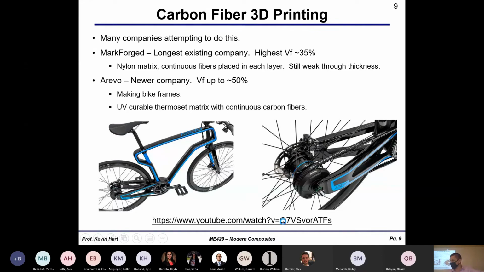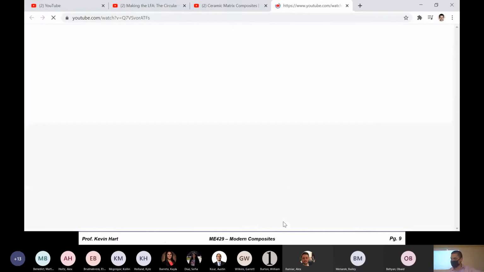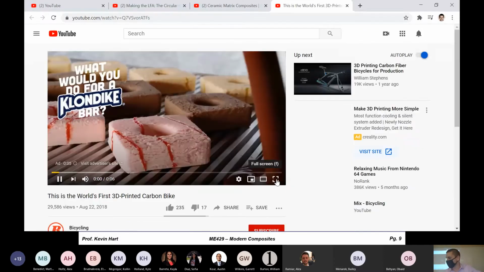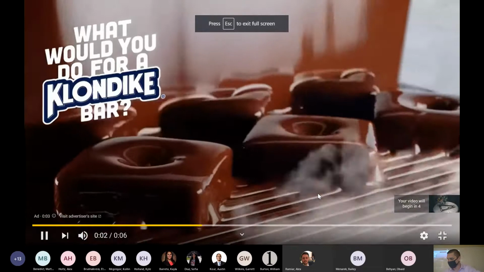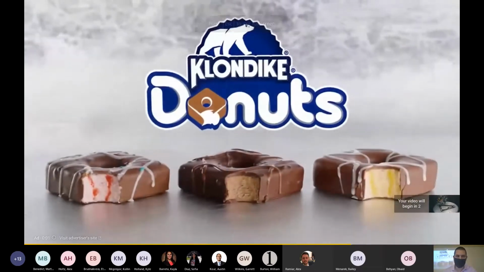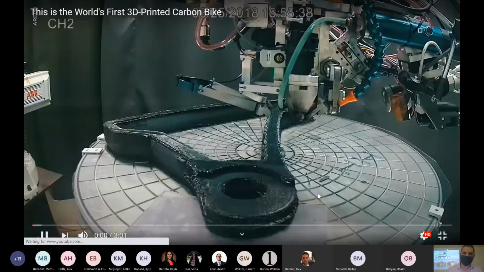So they have a cool video that's actually showing this 3D printing process, and you'll see a purple light that jumps in there from time to time. And that purple light is the UV.